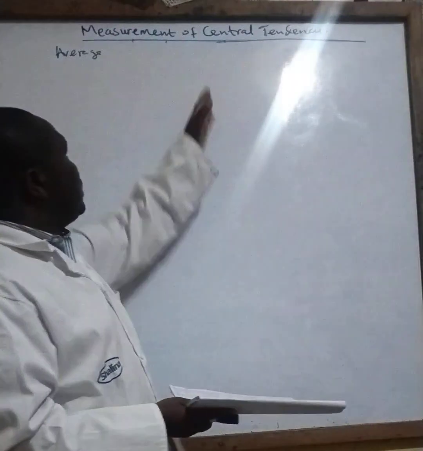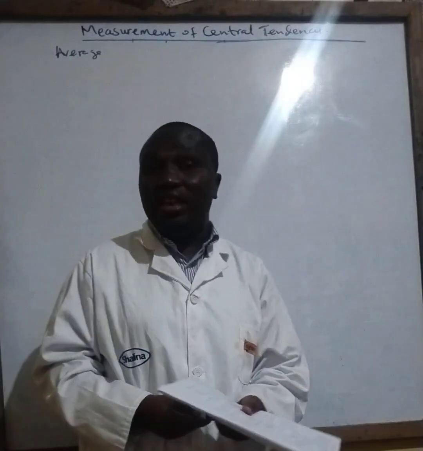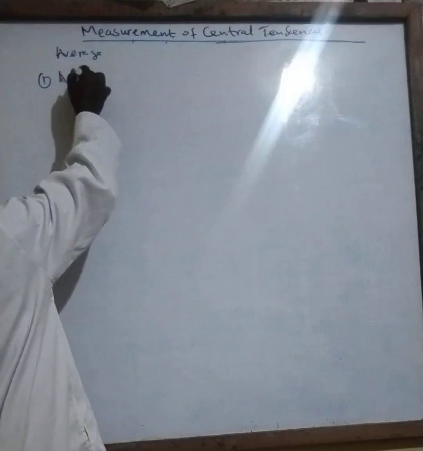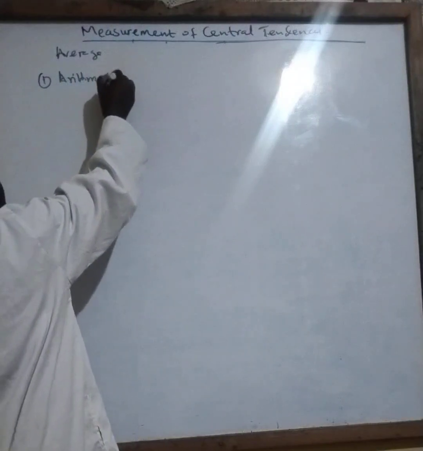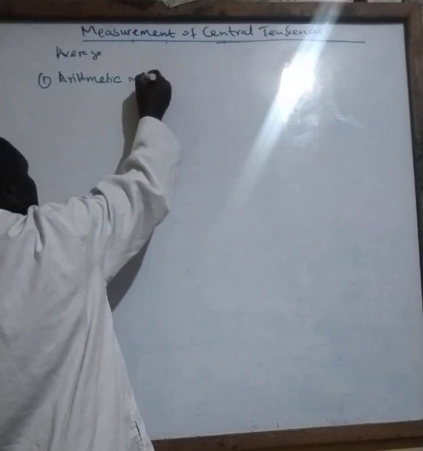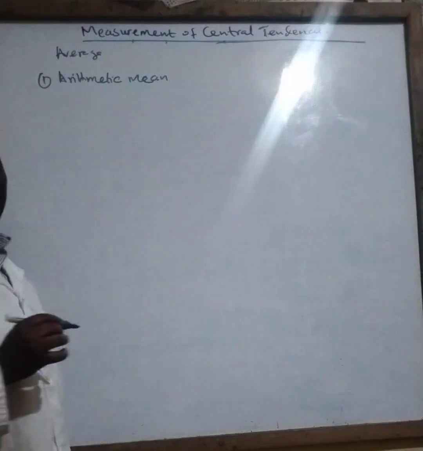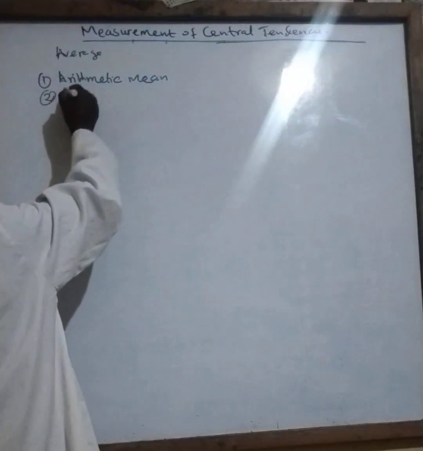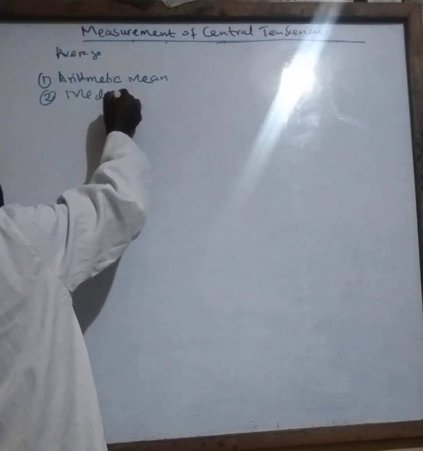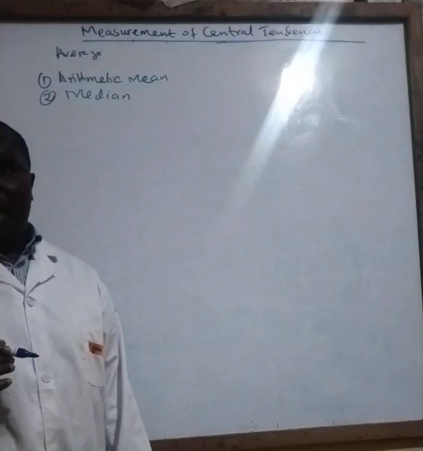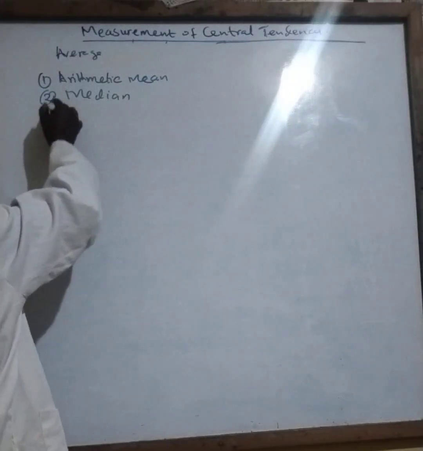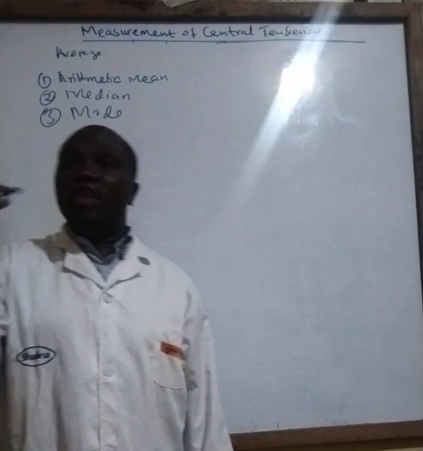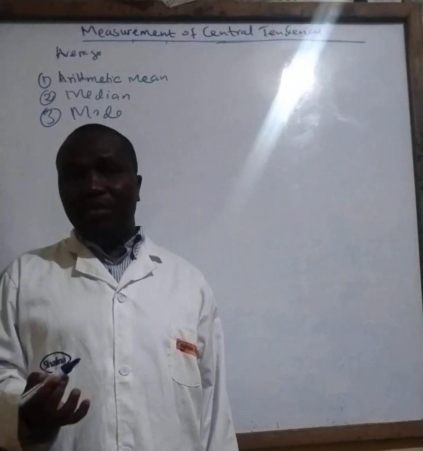Besides that, we have several types of central tendency or averages. The first one is the arithmetic mean. That is the first average that can be used to represent the entire data. The second one is the median. Median is the middle number. The third one is the mode. Mode is the number that appears frequently, or repeatedly, more times than others.